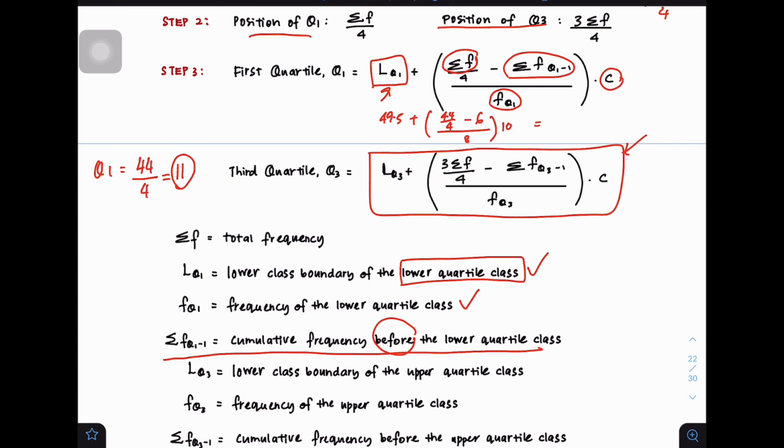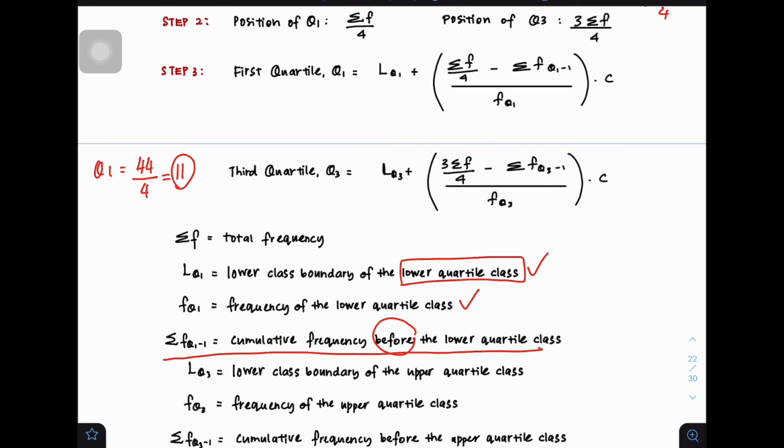So awak boleh kira. Okay, awak hanya perlu tahu which one refer to which data. Itu untuk Q1. So sama juga case dia dengan Q3, which is upper quartile. Okay, so let me erase dulu semua ni supaya awak tak pening. Okay, so sama juga macam Q3. Okay, untuk kita cari Q3, the first thing is awak kena tahu dulu awak punya quartile ketiga tu yang mana satu kelas dia.